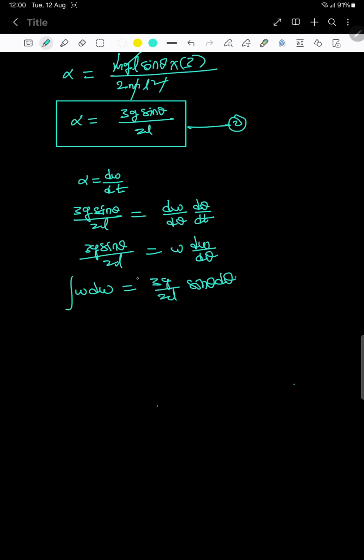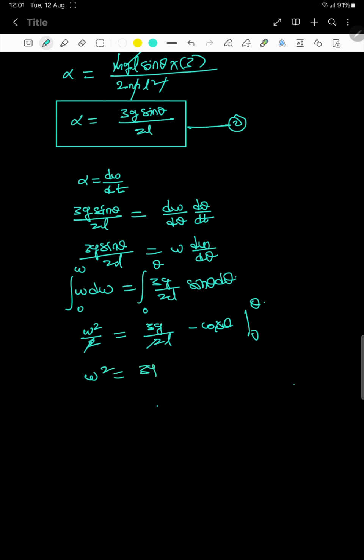By integrating on both sides, omega is varying from 0 to some omega after some angle theta, and theta is varying from 0 to theta. Omega d omega integrates to omega square by 2, equal to 3g by 2L into the integral of sine theta d theta, which is minus cos theta, between the limits 0 to theta. So 2 gets canceled out.